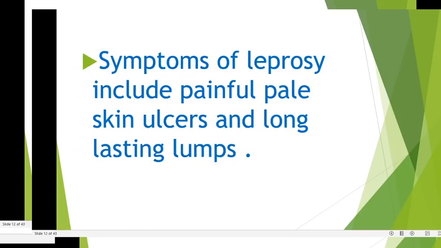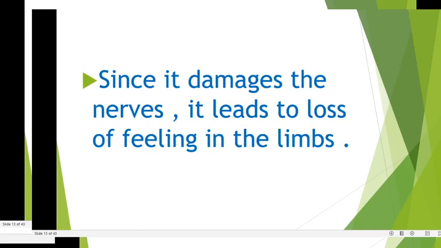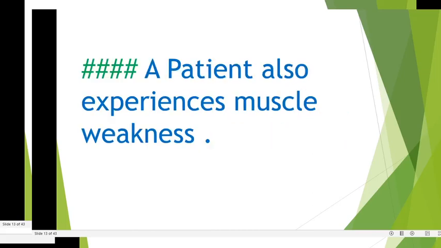Symptoms of leprosy include painful pale skin ulcers and long-lasting lumps. Since it damages the nerves, it leads to loss of feeling in the limbs. A patient also experiences muscle weakness.